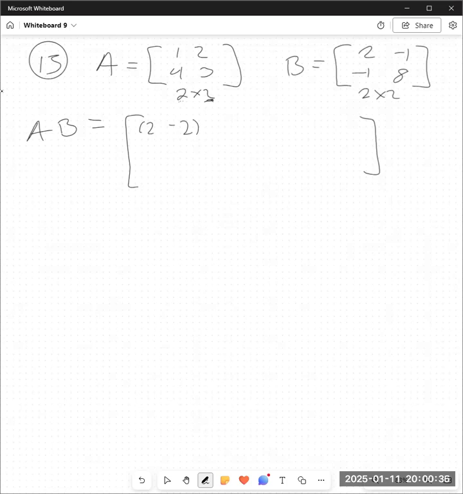So 1 times -1 is -1. 2 times 8 is 16. Now we want second row, first column. So second row, first column, 8 minus 3. Second row, second column to get second row, second column. That's -4 plus 24.